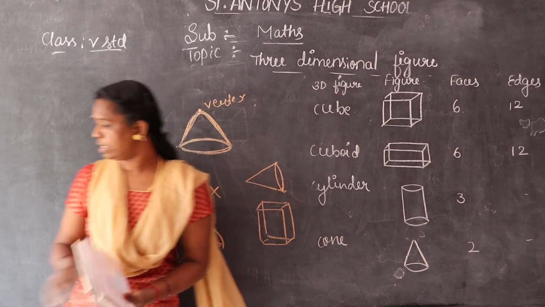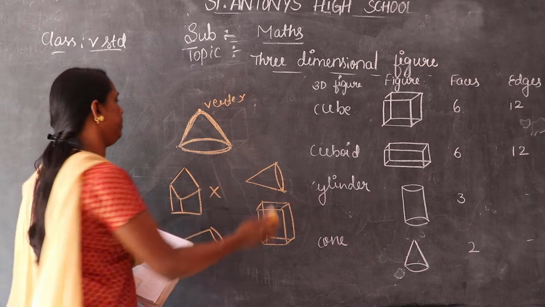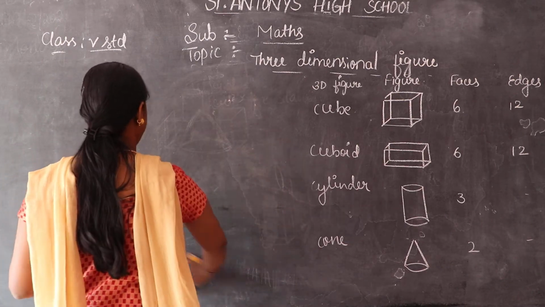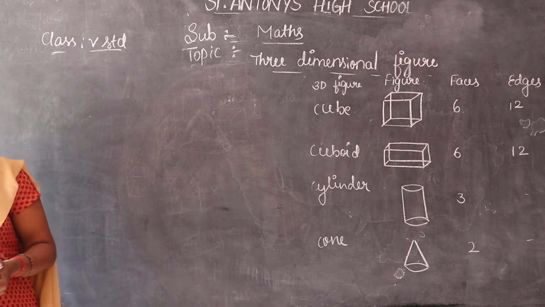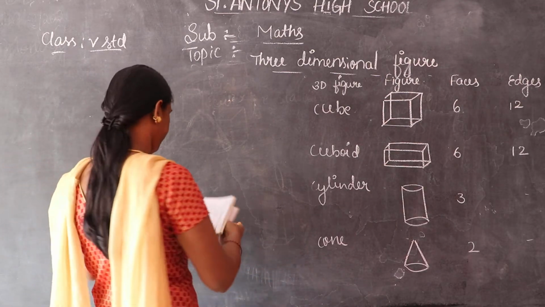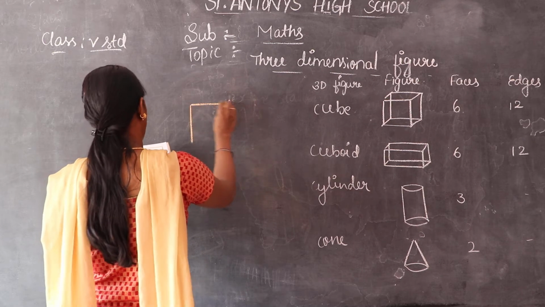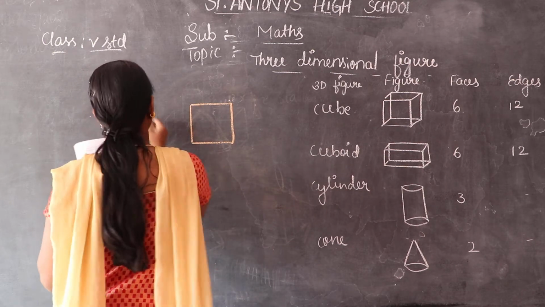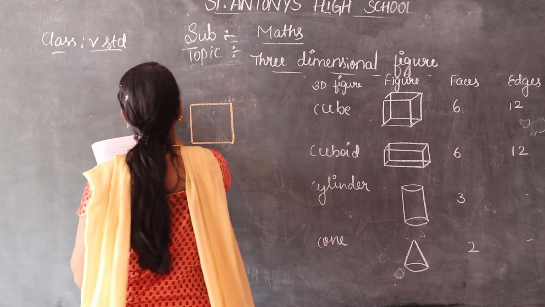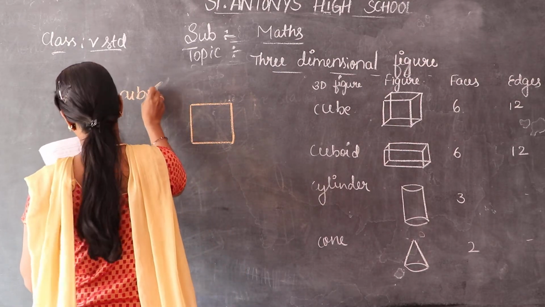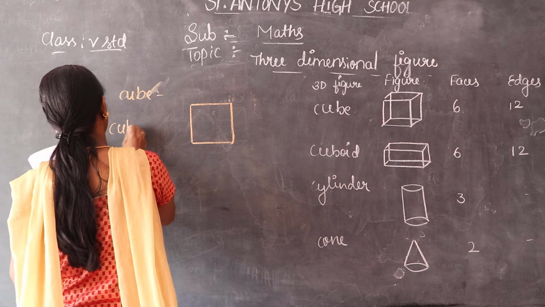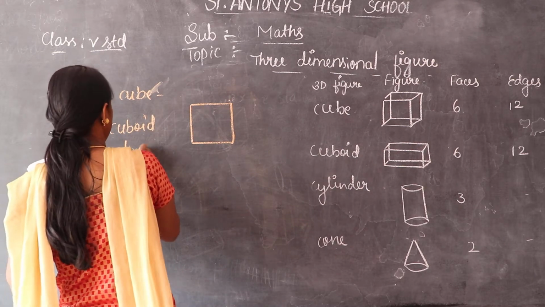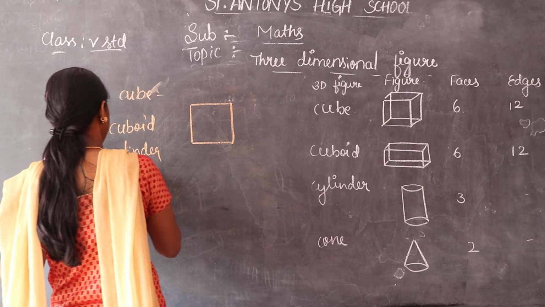Okay, how many shapes are there in this robot? This robot consists of cube. How many cubes are there? Cube, cuboid, cylinder, cone.